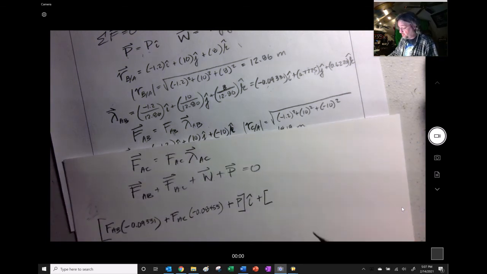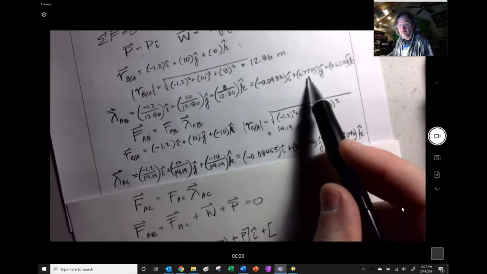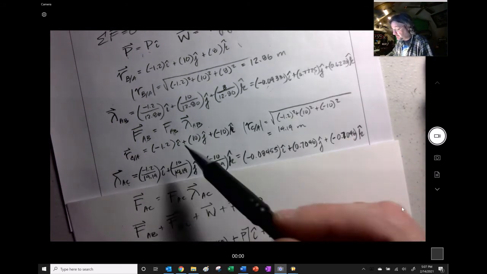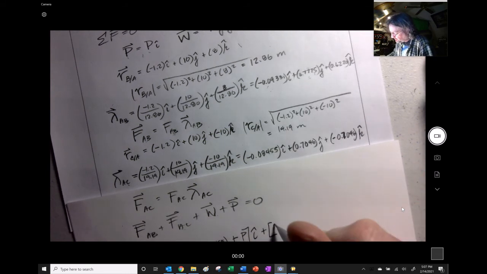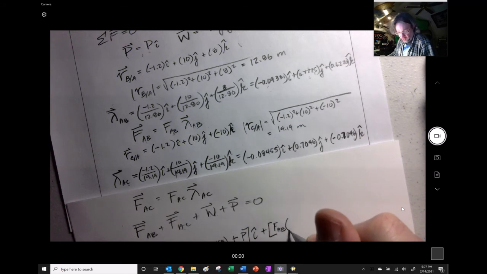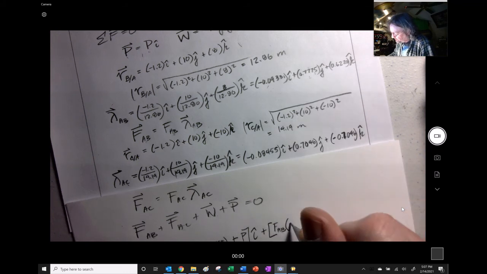Now let's add up the J. So we continue doing the same thing. We take this FAB in the J direction. So that's going to be FAB times 0.7775, and it's positive.